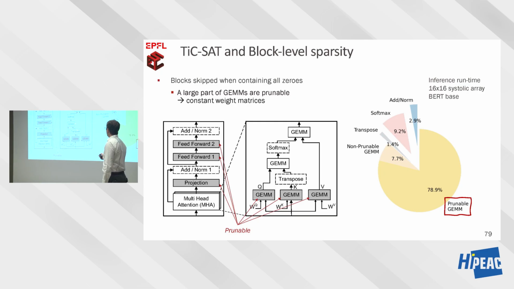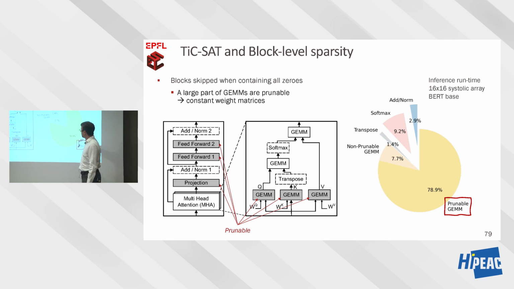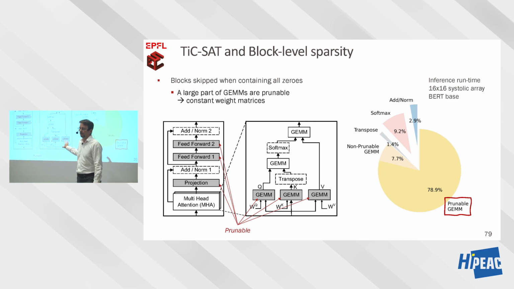So this cannot be optimized, at least not easily. Luckily, in practical cases, a large portion of the matrix-to-matrix multiplications are prunable in a static sense. This may change depending on the transformer model and also at runtime depending on the input you are processing. So take that as a rule of thumb and not as a hard value.